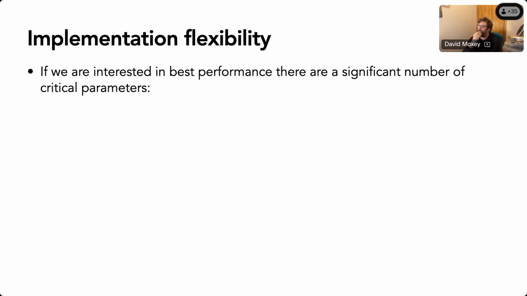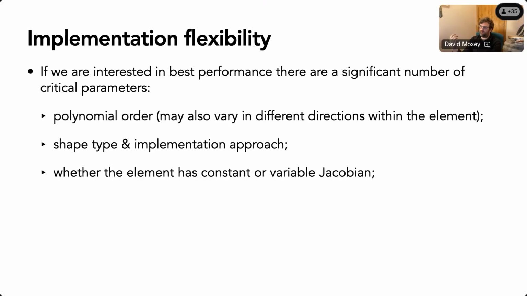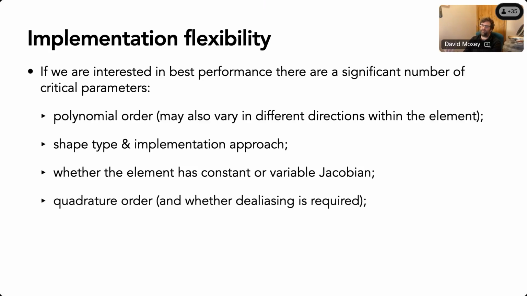So the summary from my part, and the redesign efforts we've been going through, is that if we're interested in the best performance we could obtain with the hardware, there's actually a significant number of critical parameters you have to consider. The polynomial order, which again, we might choose to vary in different directions within the element, shape type, implementation approach, whether that element has a constant or variable Jacobian, because you can make certain optimizations if you know that it's constant particularly, quadrature order, and often the case for these LES simulations that we are using some form of de-aliasing because our integration order isn't sufficient to resolve these nonlinearities.